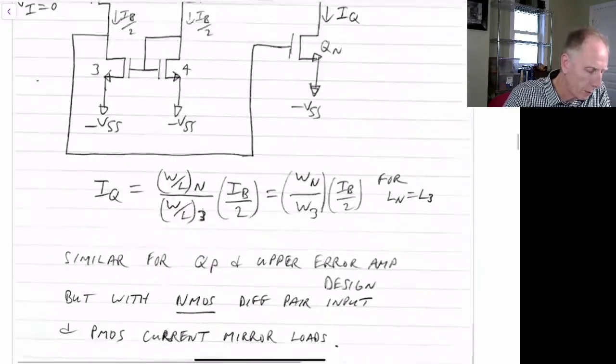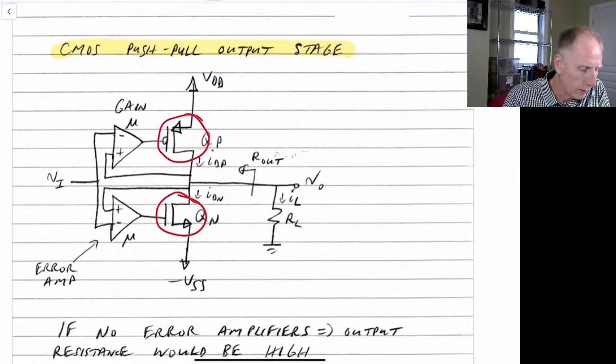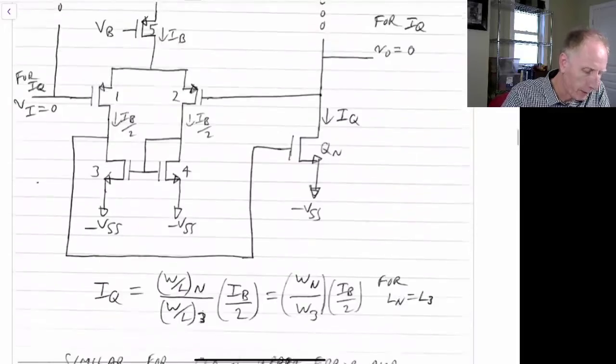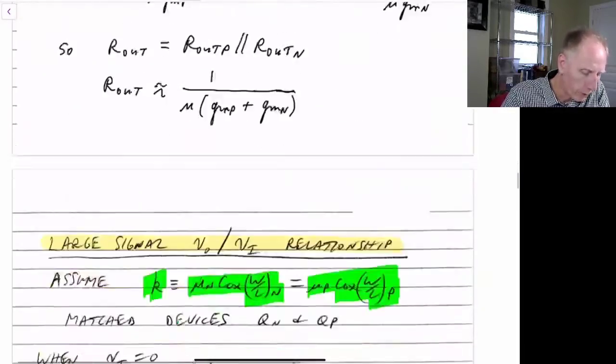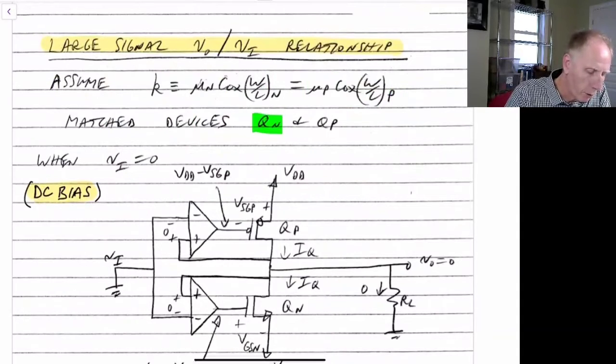In other words, we've matched the mu n Cox W over L of this transistor with the mu p Cox W over L of this transistor, so it has equal drive strength up and equal drive strength down. We can vary the width over lengths in order to make that happen, because the mobilities will probably not match. So we have matched devices for Qn and Qp.